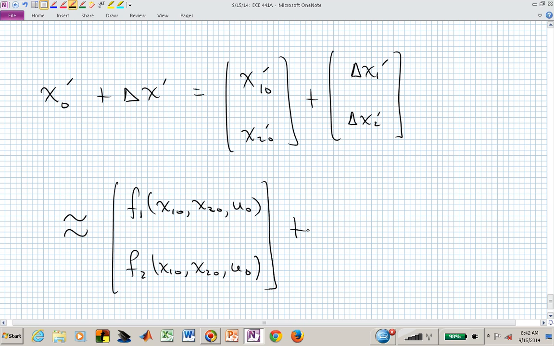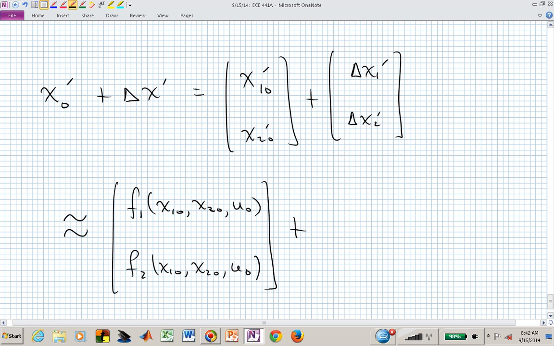Plus some partials. What are those partials going to look like? We now have f sub 1 that's a function of x1, x2, and u. And we need to take f1's partial derivatives with respect to x1, x2, and u.